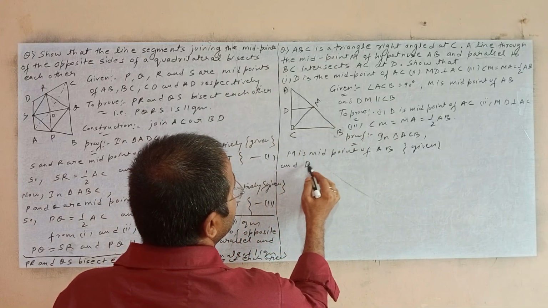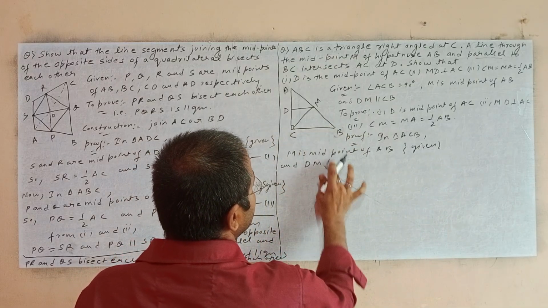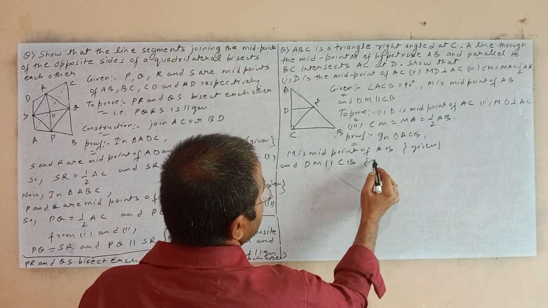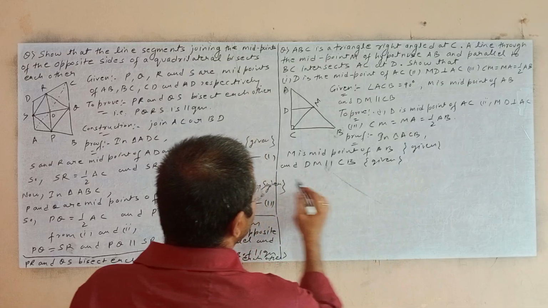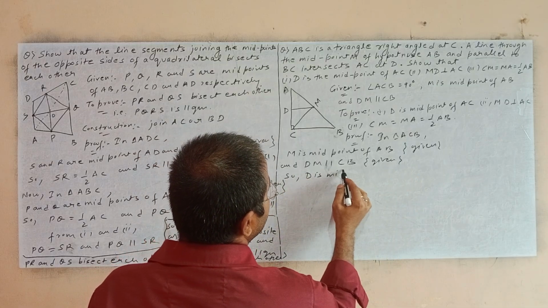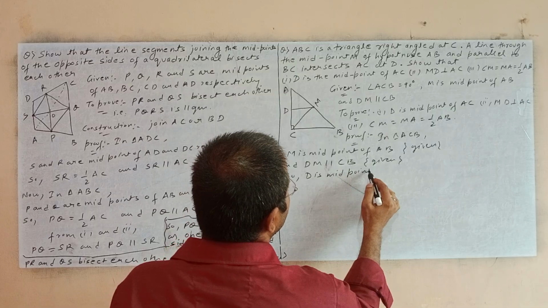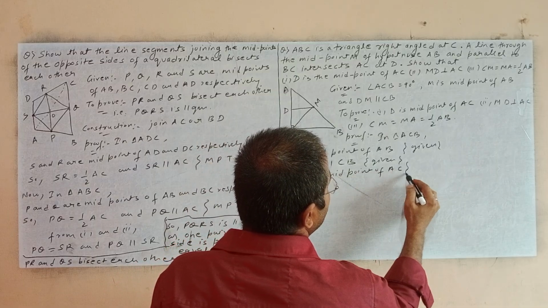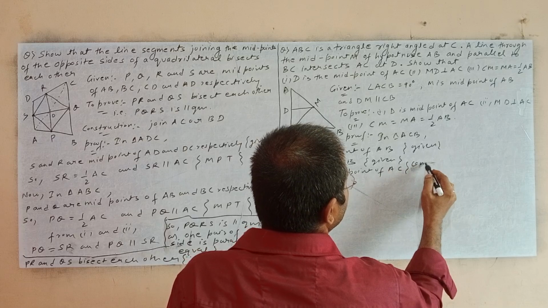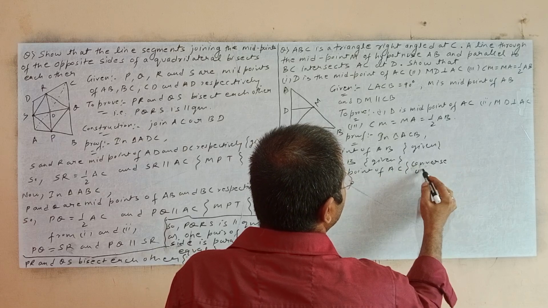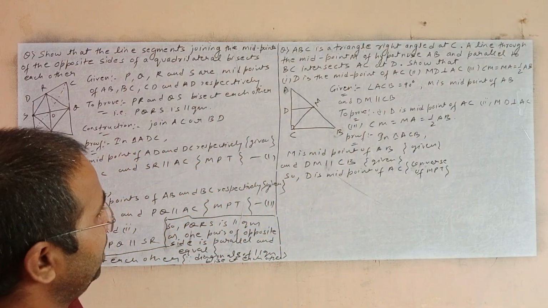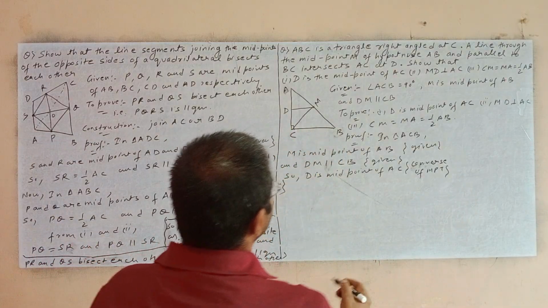And DM is parallel to CB. It is also given. So you can say that D is midpoint of AC. Why? By converse of MPT. Okay, so D is midpoint.